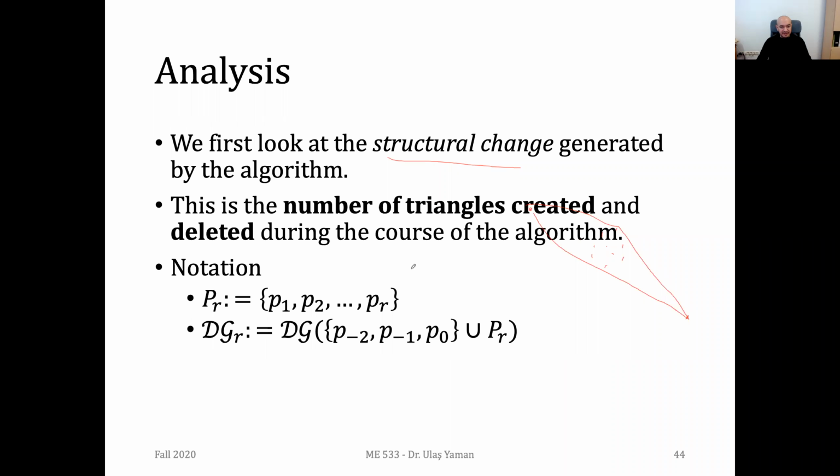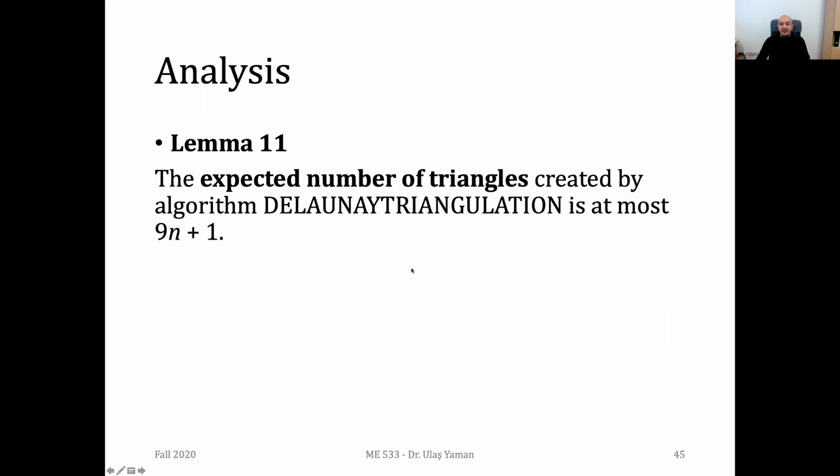So we have our number of points, and then what we do, we construct the Delaunay graph first by adding 2 extra points. And now we have some lemma related with this time analysis. The first one is the expected number of triangles created by the algorithm. We discussed the Delaunay triangulation is at most 9n plus 1.